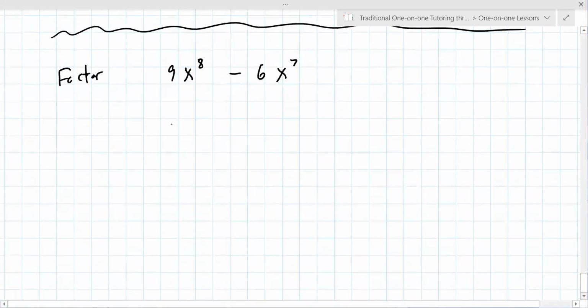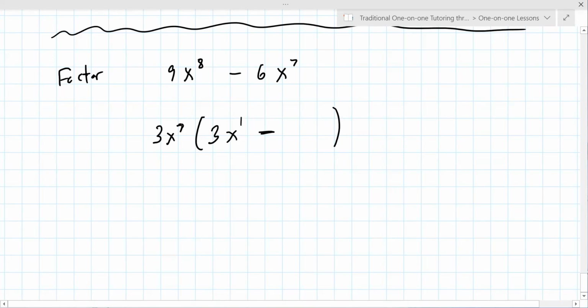It's the smaller exponent. Which is smaller, 8 or 7? 7. And then right there it's 3x. If I put a 7 here, I've got to get to 8. Is it only just 3? It's 3x.